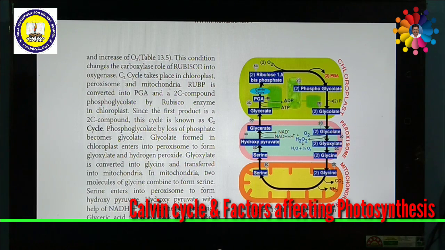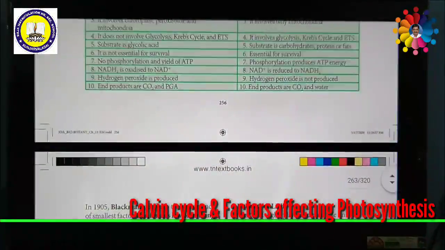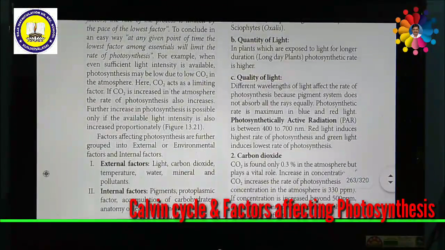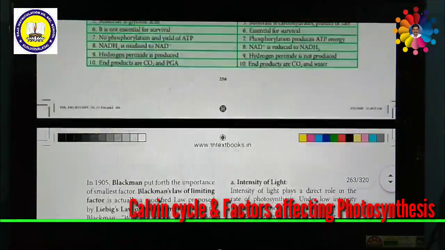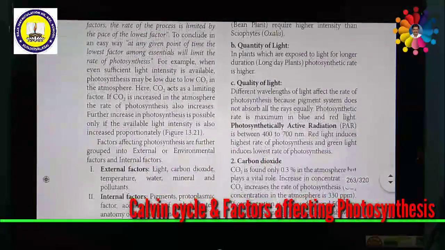Now we are going to see about factors affecting photosynthesis. Different types of factors are responsible for the process of photosynthesis. If these factors are available, then the process of photosynthesis will take place. Such factors are called factors affecting photosynthesis.